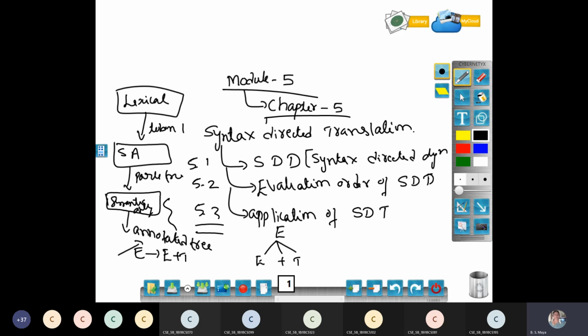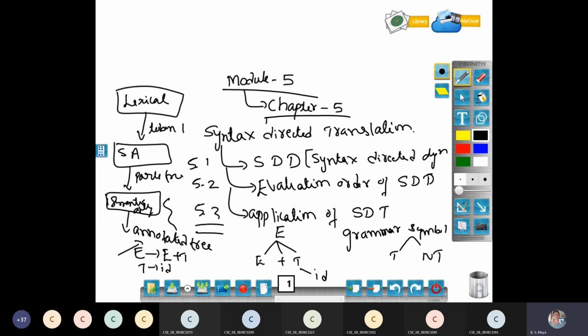For example, T derives ID. Now the production can contain both terminals and non-terminals. From now onwards we call them grammar symbols. The grammar symbol is nothing but both terminal and non-terminal.